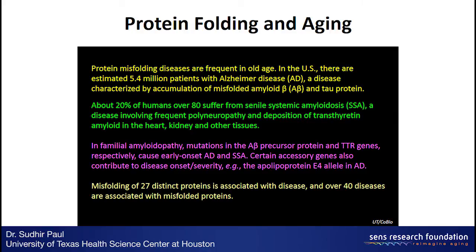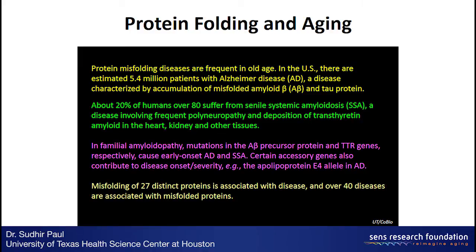This is not the only disease that is found to be associated with protein misfolding. About 20% of humans over the age of 80 suffer from senile systemic amyloidosis, and this involves neuropathy in the periphery, as opposed to the central nervous system abnormalities caused by the amyloid and the tau polypeptides.